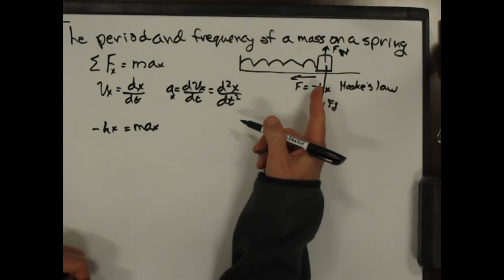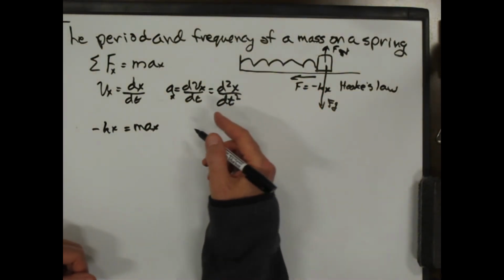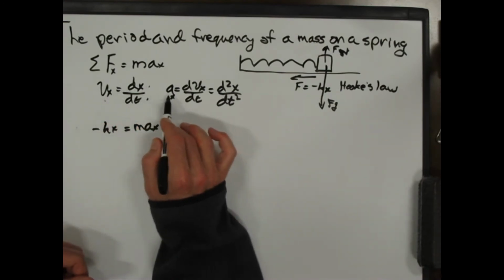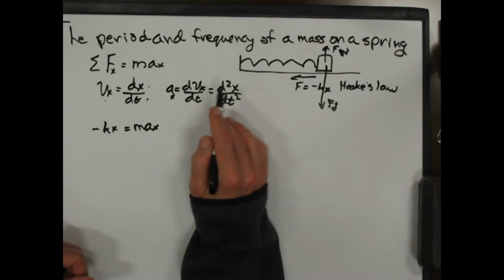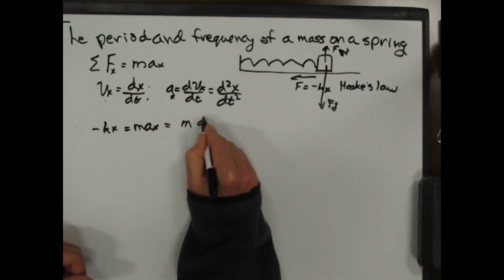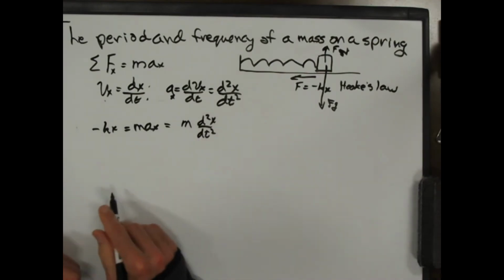And so I can come down here and say minus kx is equal to m a sub x. Well, the acceleration in the x direction, if we take a calculus approach now, rather than delta v over delta t, we can say the velocity is dx/dt. The acceleration is dv/dt, which is the second derivative of x with respect to time. And so it's m times d squared x over dt squared.